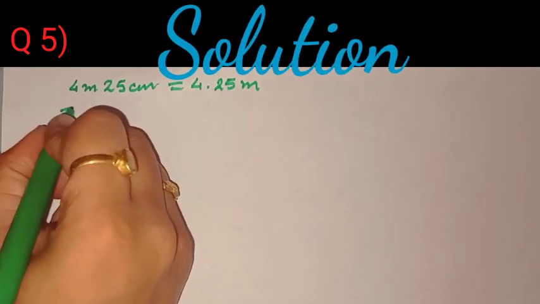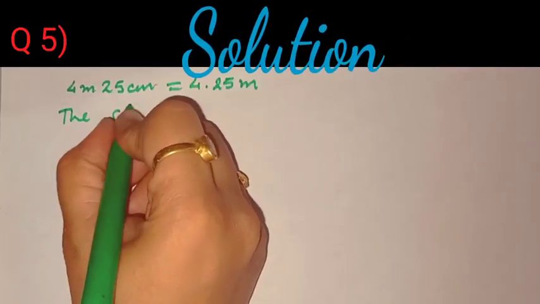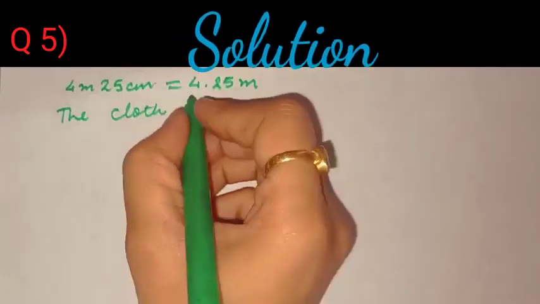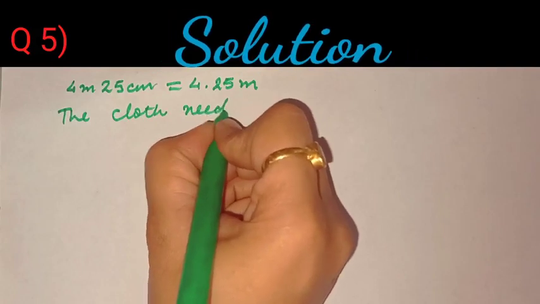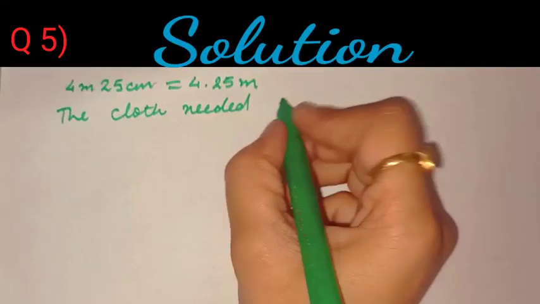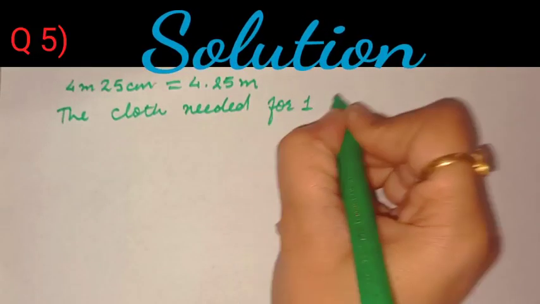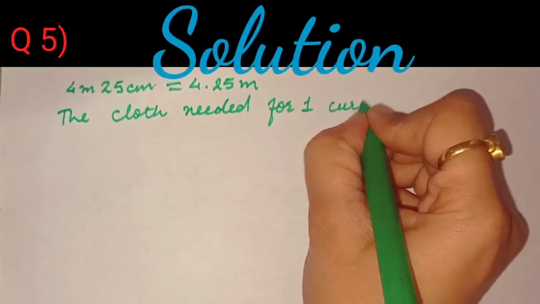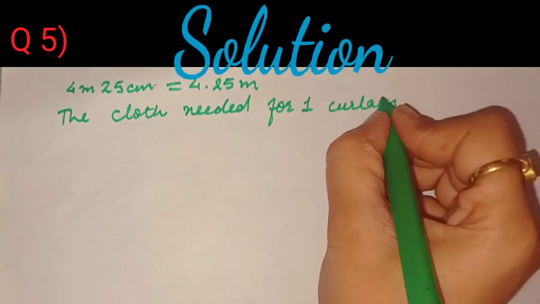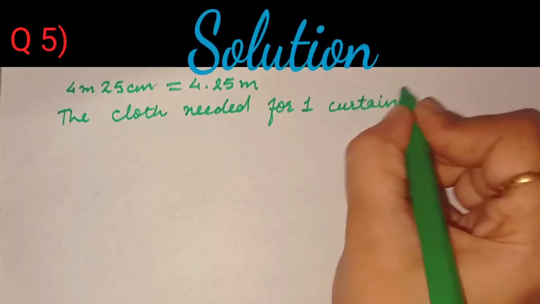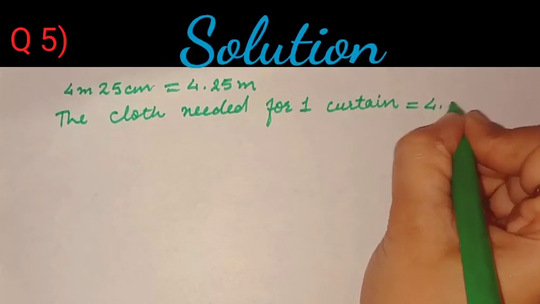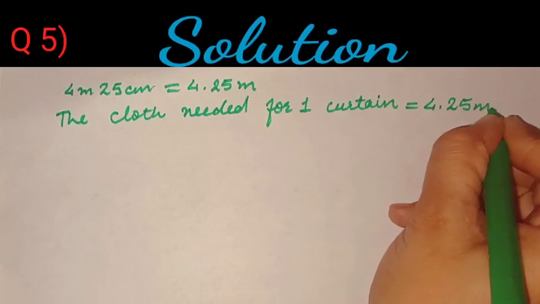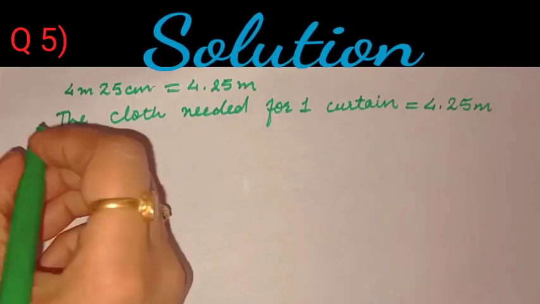Okay. So, each curtain required 4.25 meter of cloth. Let us see. The cloth needed for one curtain is equal to 4.25 meter. Okay.